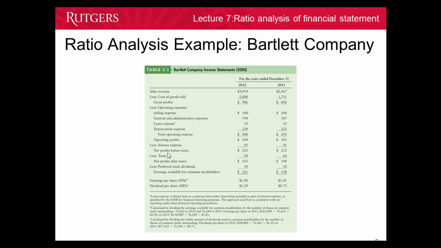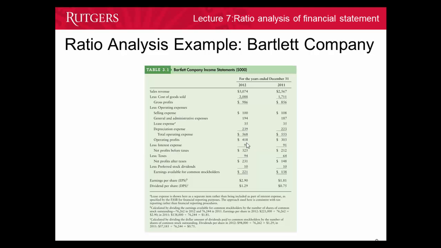Now again, earnings before interest and taxes equals operating profit, which is 418,000. And for lease payment, we can see that the lease expense is listed here. It's 13,500, and we can also find the interest expense here is 93,000.